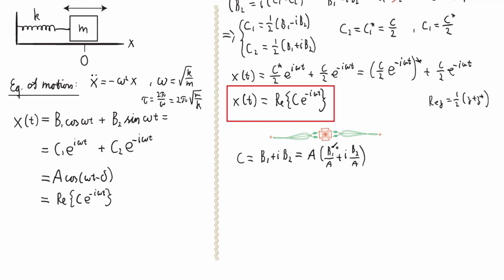Okay, and this is still cosine of delta, and this is still sine of delta. This is now e to the I delta, of course.